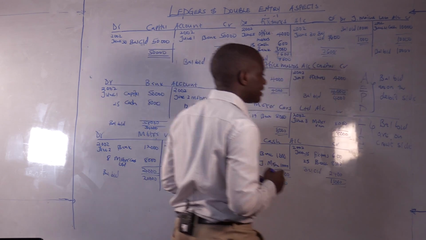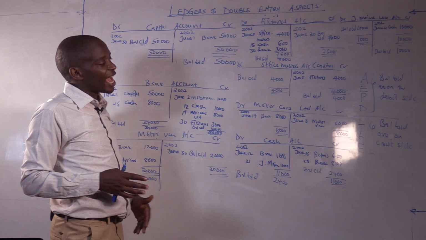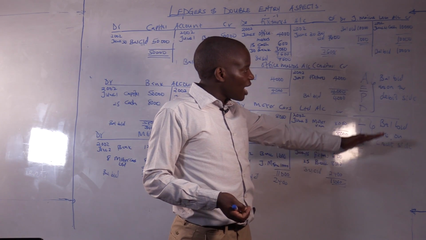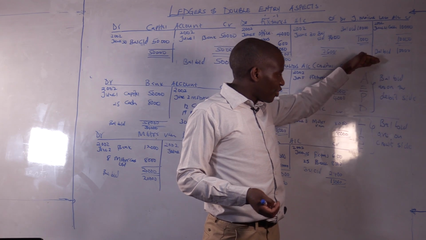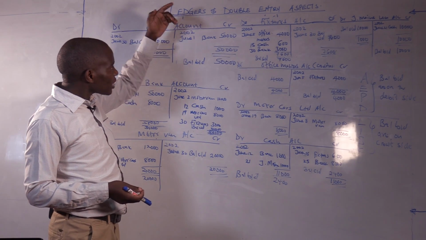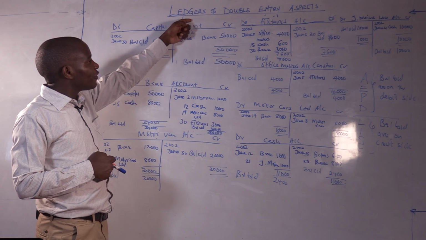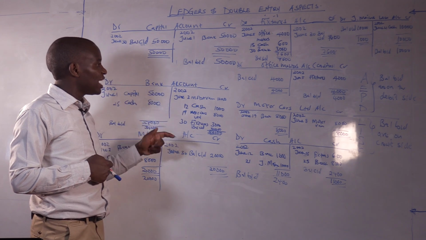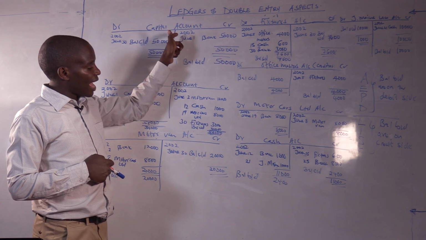You can take any account here and compare, and you shall find that we shall have those transactions having information as I've summarized in this particular thing. So that's what we shall have with the balancing of the ledgers. Don't forget that this information will be very important in our next topic.